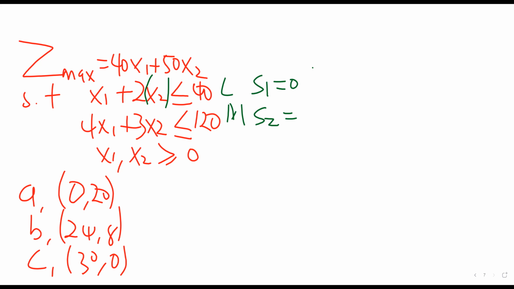So you will have 60 gallons of slack. The S2 will be 60 because it will be 120 minus the 60. Remember, you are dropping 20 here, so it will be 3 times 20, which is 60. That 60 means that you have 60 more before you get to the 120. So there's a slack, a wastage, an inefficiency. There is unused milk, which is 60. So for point A, you have a slack of 0 for S1 and 60 for S2.